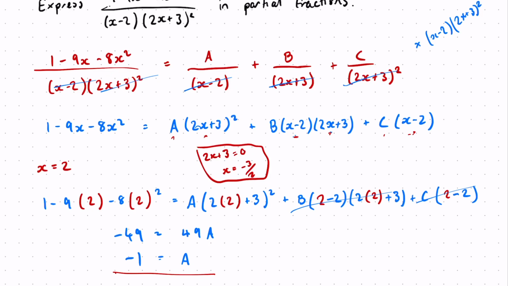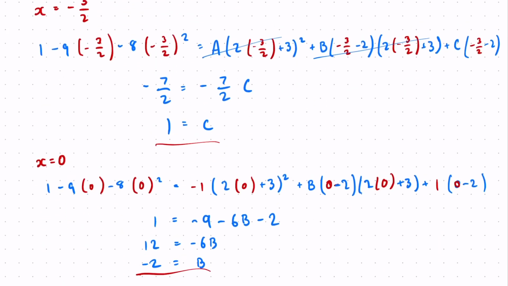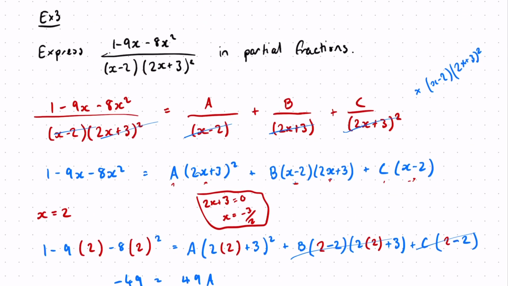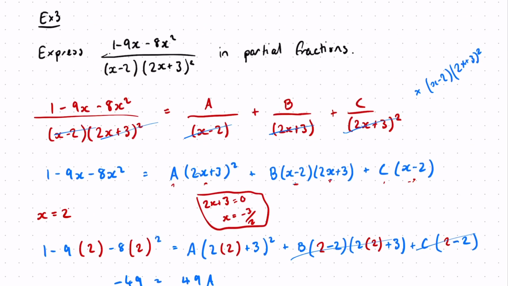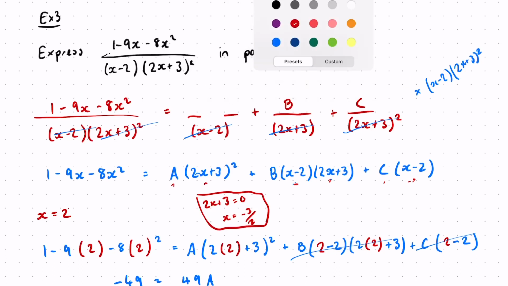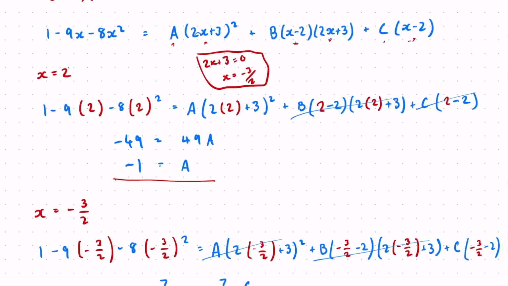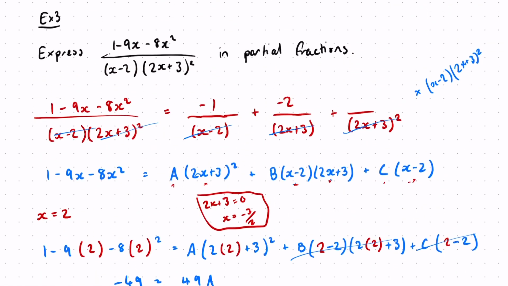So that will become, and I've run out of space here, so I'll just rewrite it up here. So my a is minus 1, my b was minus 2, and my c was positive 1.